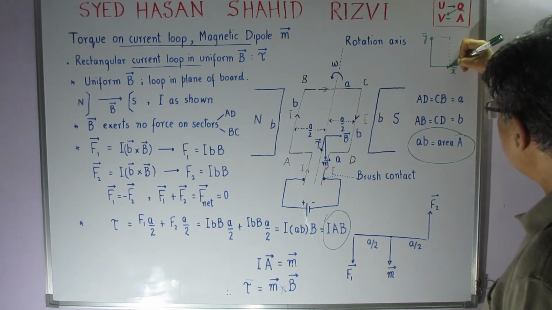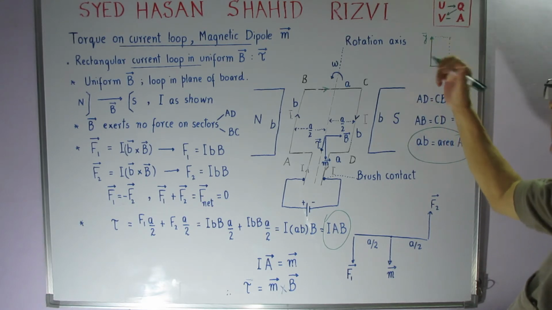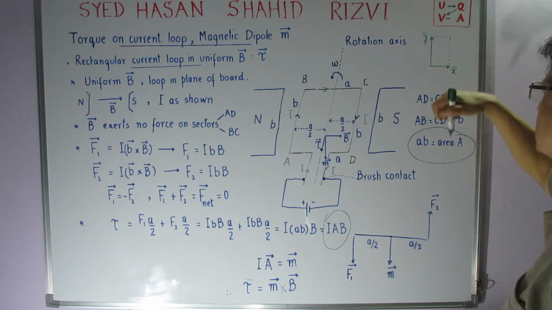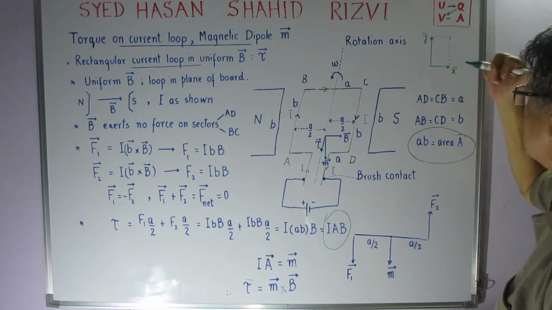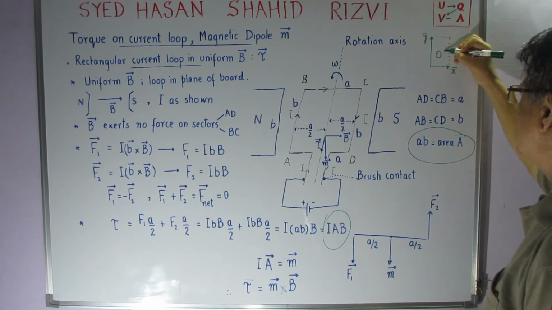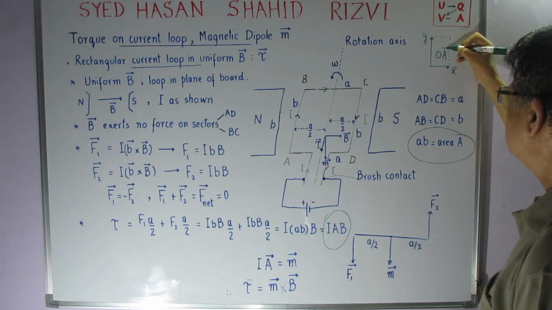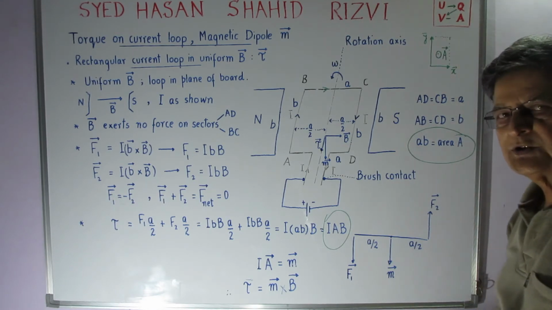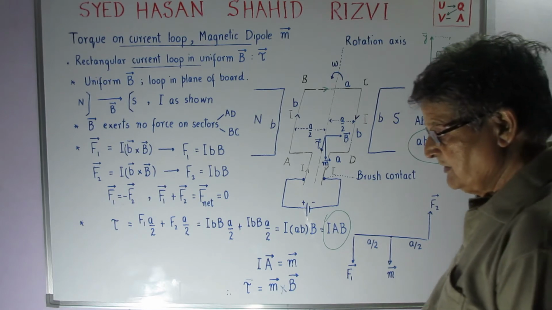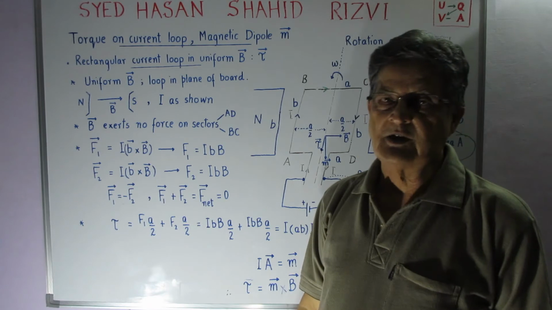I get a rectangle. When I take x towards y, the first vector towards the second vector, my thumb is outcoming, and therefore this is the direction of the surface area of this thing. So the surface area is a vector.